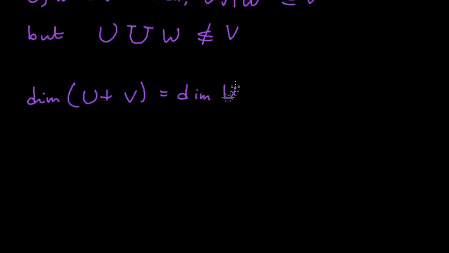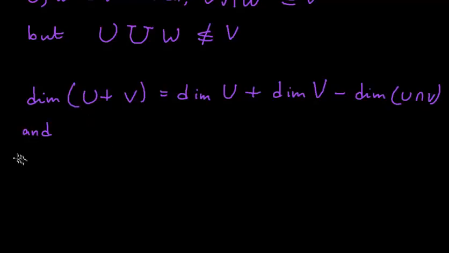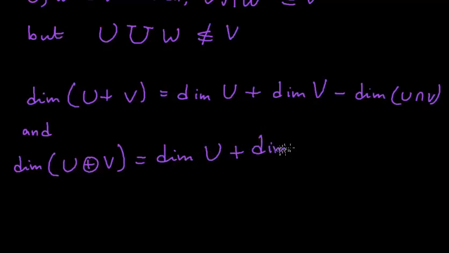It is the dimension of U plus the dimension of W minus the dimension of U intersection W. And if the sum is a direct sum, then the dimension of U direct sum W equals the dimension of U plus the dimension of W. Because we all know that if the sum is a direct sum, then the only element common to U and W is 0.